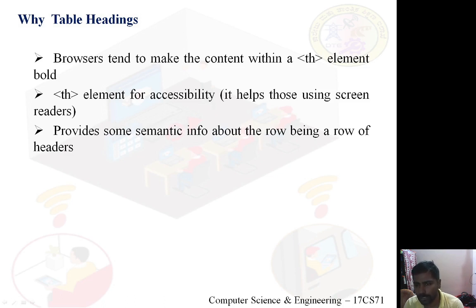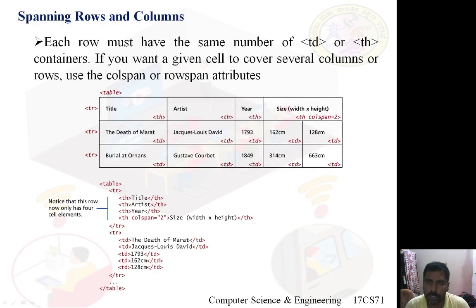So this header field says what actually those information are, whether it's a name or a USN, or whether it's a subject code, clear? So this is what semantic means. So now I said each row contains the same number of cells, is it?